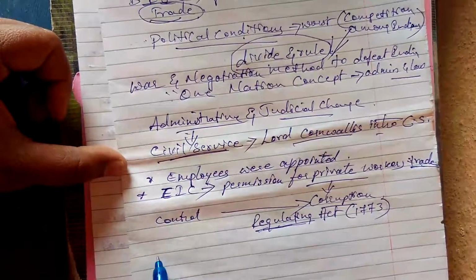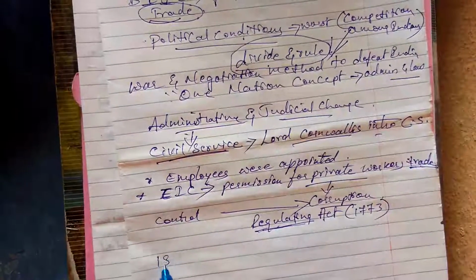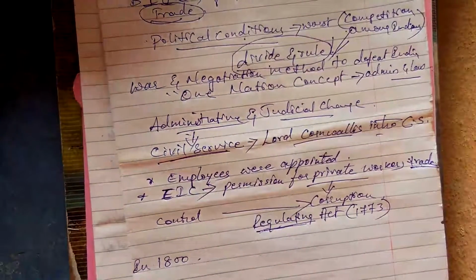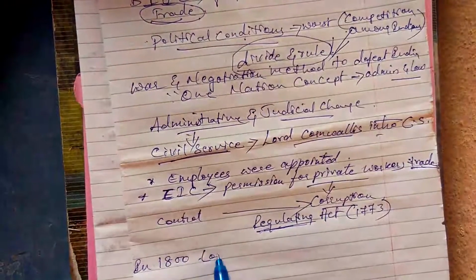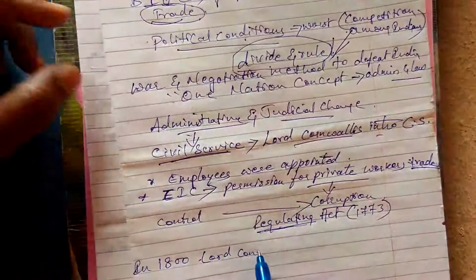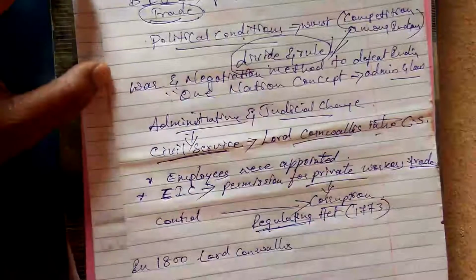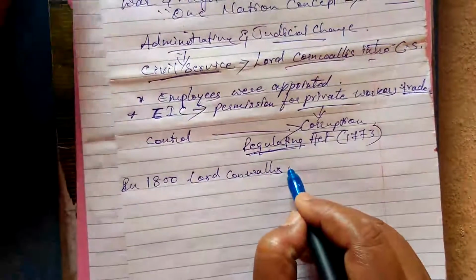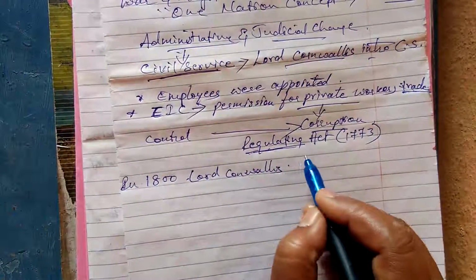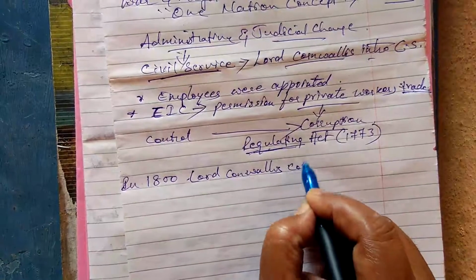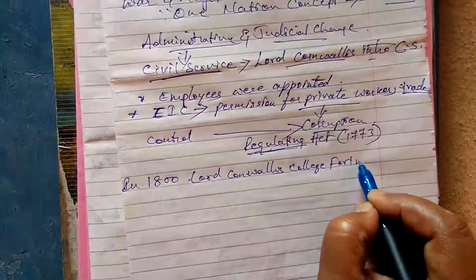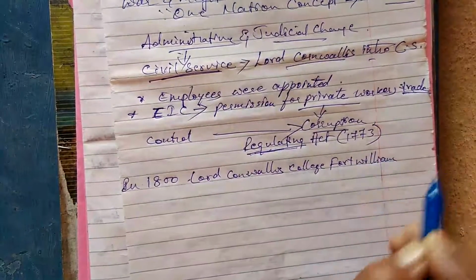Later, in 1800, Lord Cornwallis planned and started a college, and this was Fort William College.